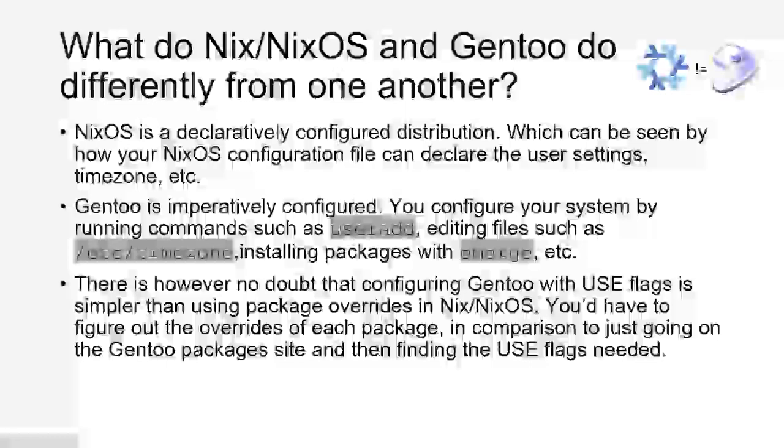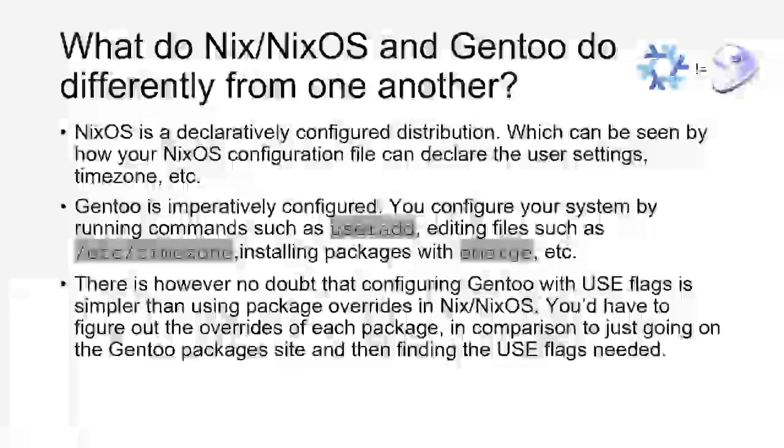And of course, what does NixOS/Nix do differently from one another? I already described a bunch of the differences that you could see from the NixOS and Gentoo bits, although the NixOS bit is quite lacking. There's this section which I haven't talked about.